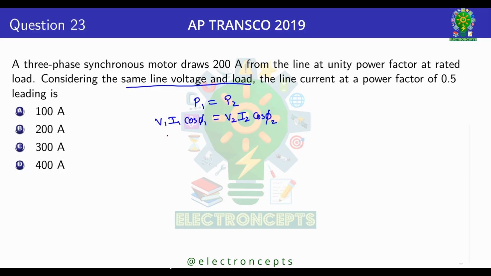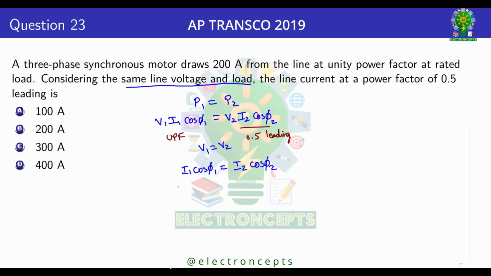Let us consider first case as UPF and second case as 0.5 leading. In question it is mentioned that the line voltage is same, therefore V1 is equal to V2, and from the above equation we can write I1 cos phi 1 is equal to I2 cos phi 2.